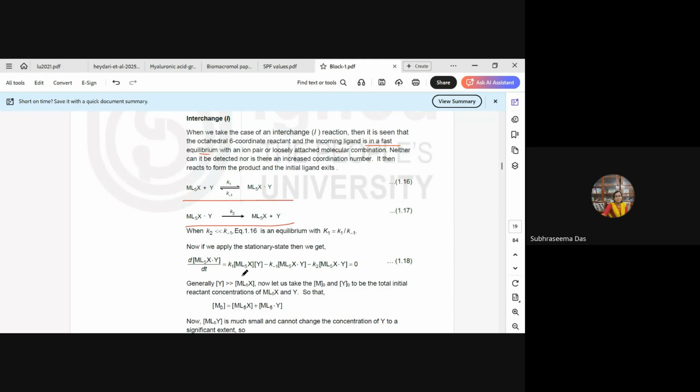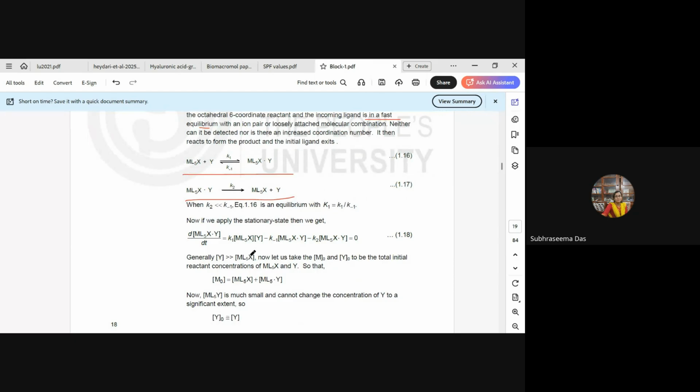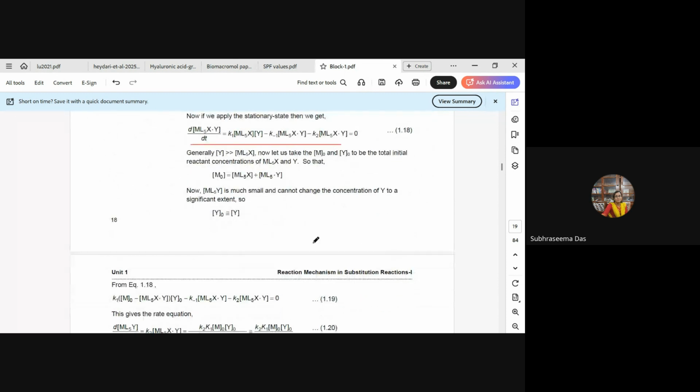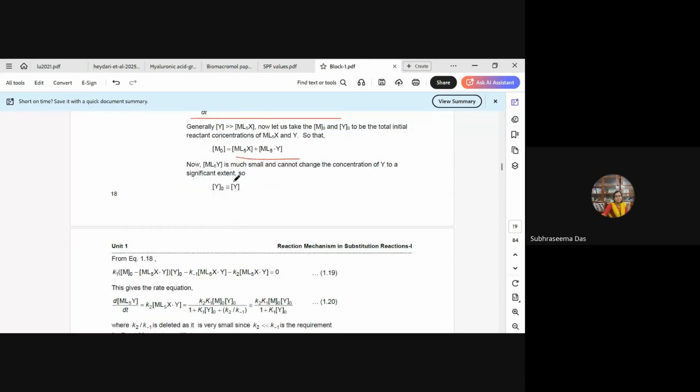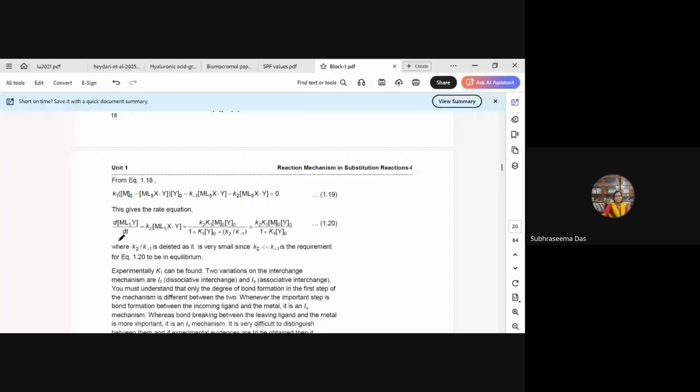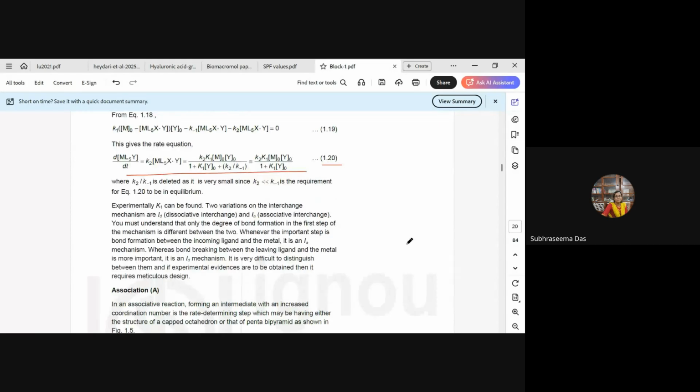Here, if we apply the steady state approximation, we also get the rate equation in this form. Then, taking the initial concentration of M0 to be this and substituting for Y0 equal to Y, the rate equation finally takes the form shown here.